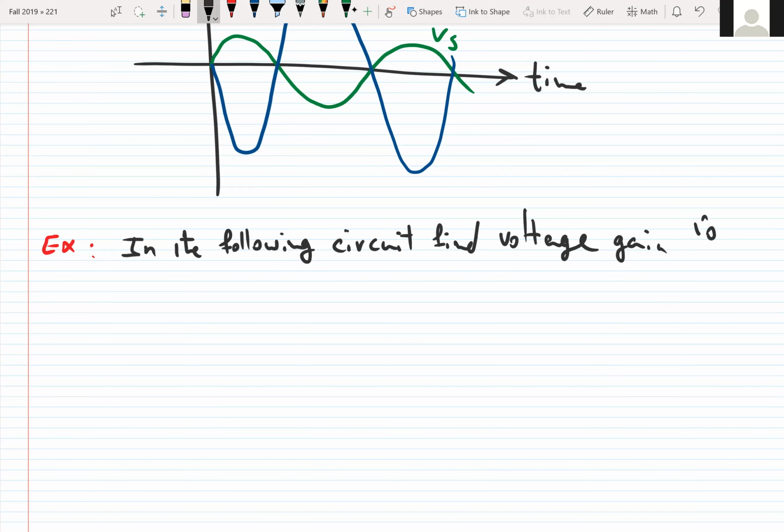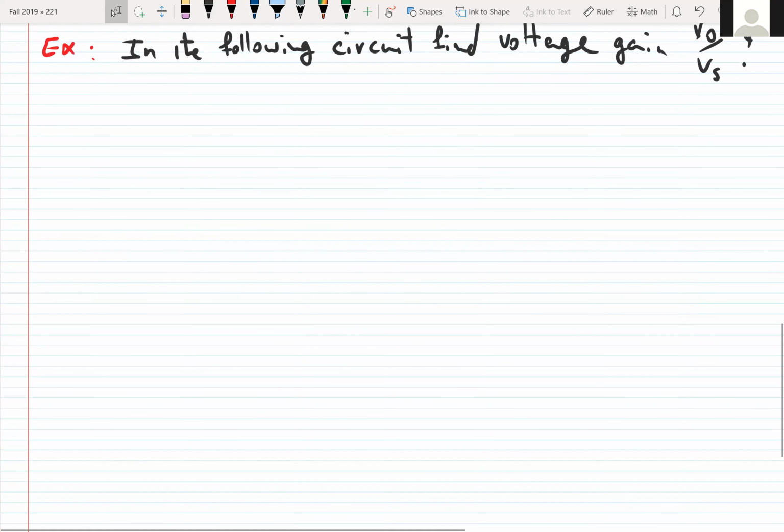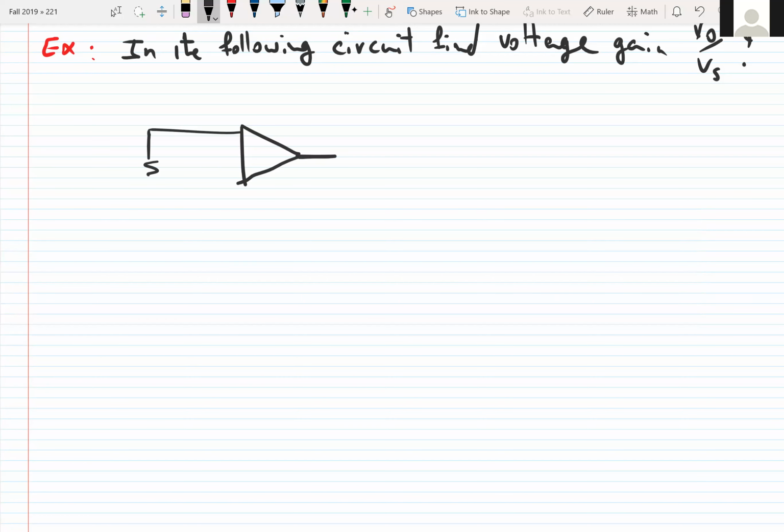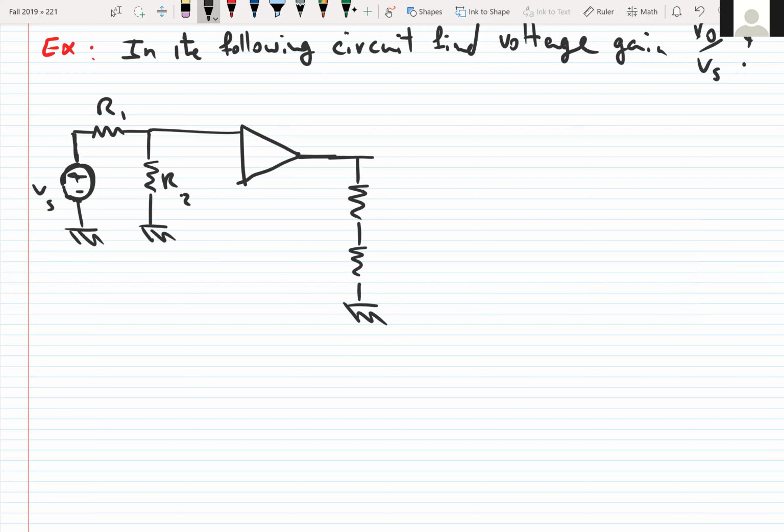Of course, we know that the voltage gain is Vo over Vs. And here is the circuit.